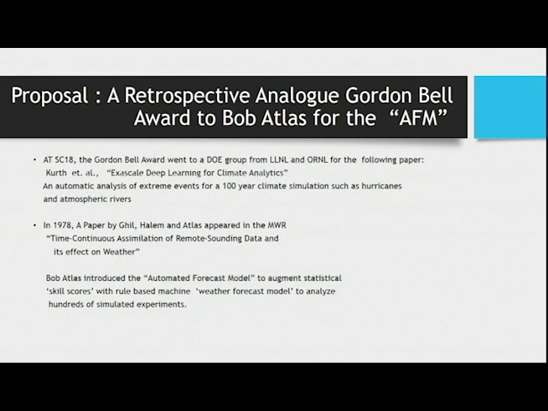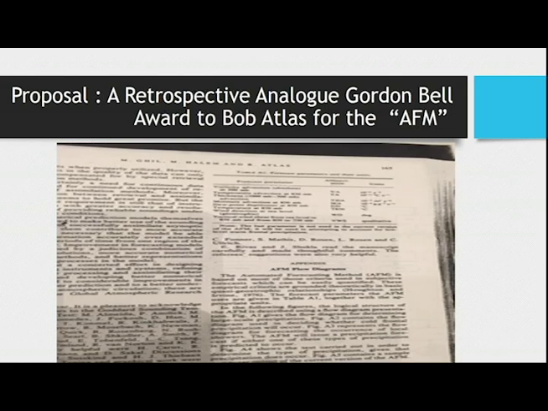It was in that paper that Bob developed what he called his AFM, his automatic rule-based forecast model, which he claims today is still the approach that he uses whenever he does his forecasting analysis. In the next chart, I took a photograph of that paper, and you can barely make it out. AFM forecast, I can't even read it.